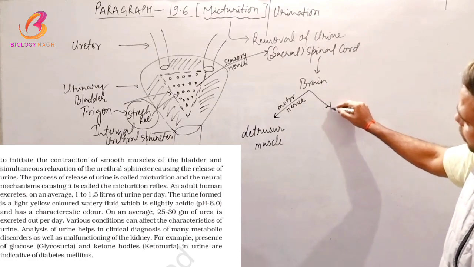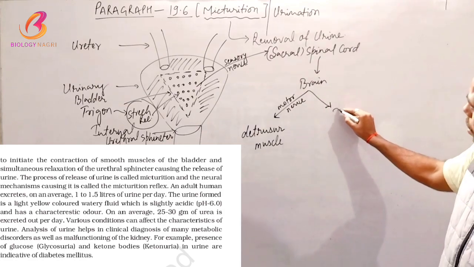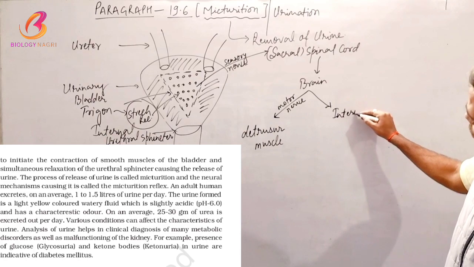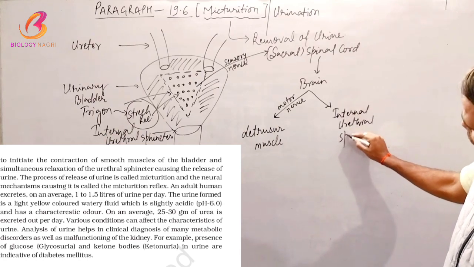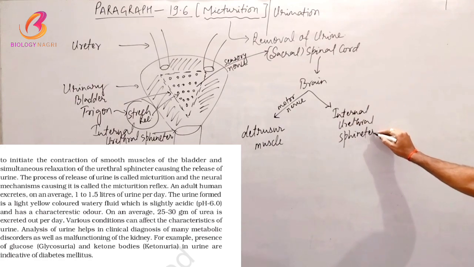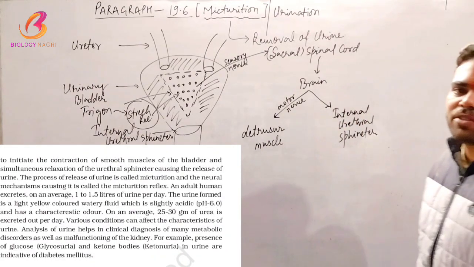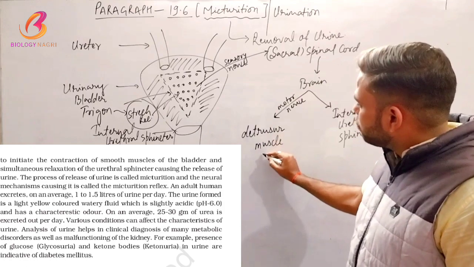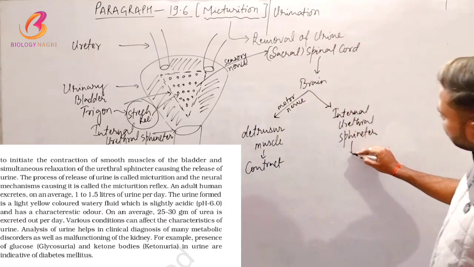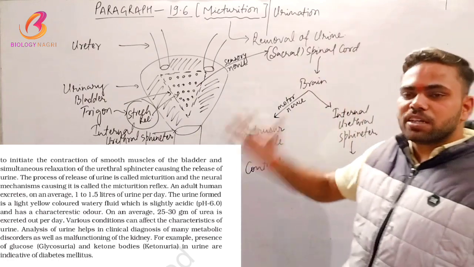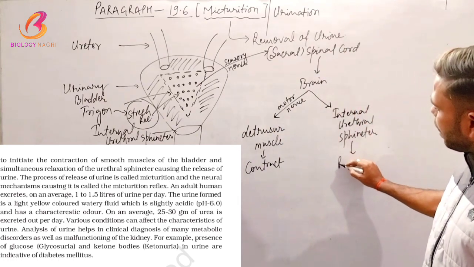The brain will also send a message to the internal urethral sphincter. When the brain sends a message to the detrusor muscle, which is smooth muscle, it will contract, and when the message is received by the internal urethral sphincter, it will relax.